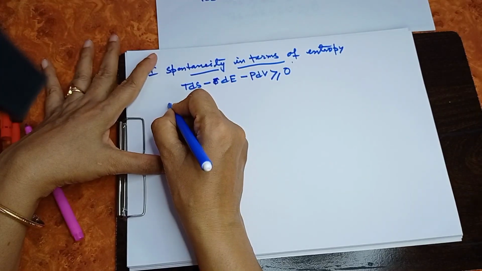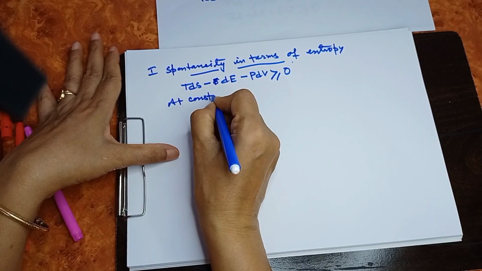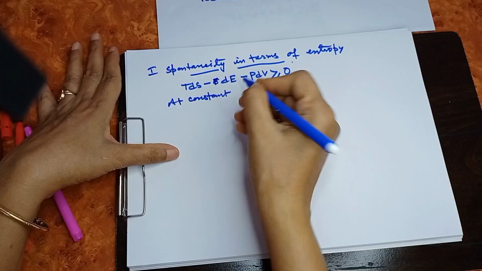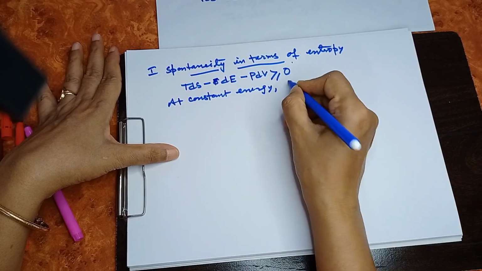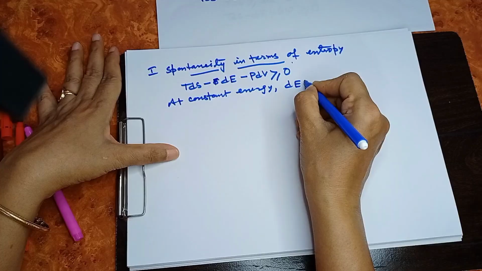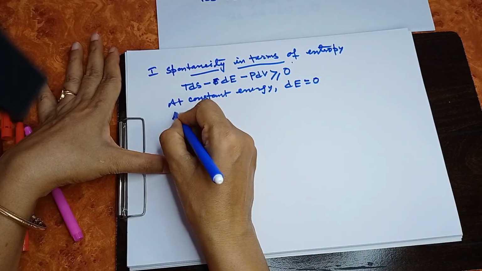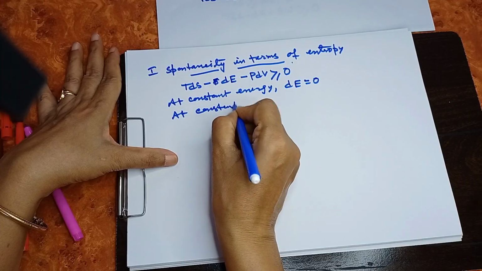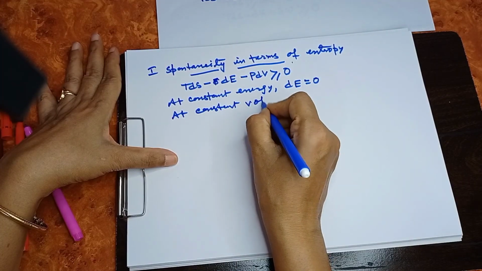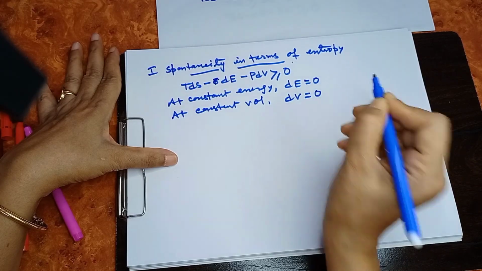Now if we put the condition at constant energy, dE is equal to 0, at constant volume, dV is equal to 0.